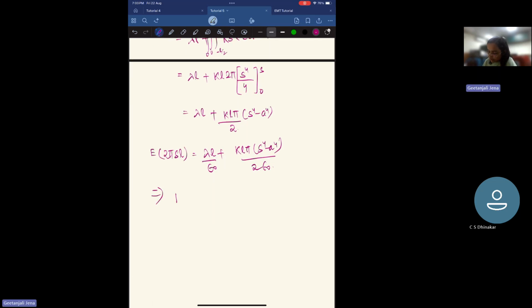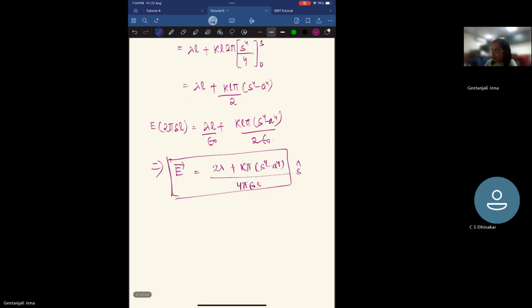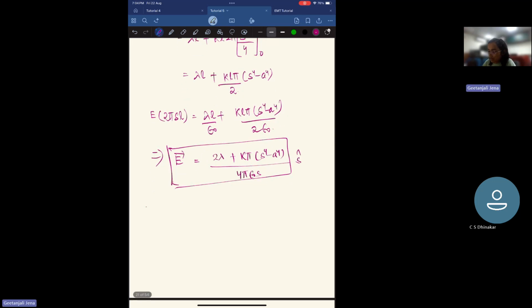So the final expression is lambda plus K pi (S to the 4 minus A to the 4) by 4, over 2 pi epsilon naught S. Okay, this is for the in-between region.